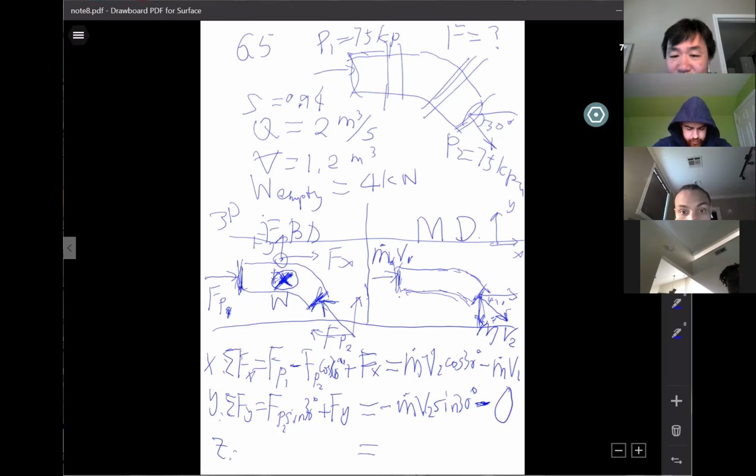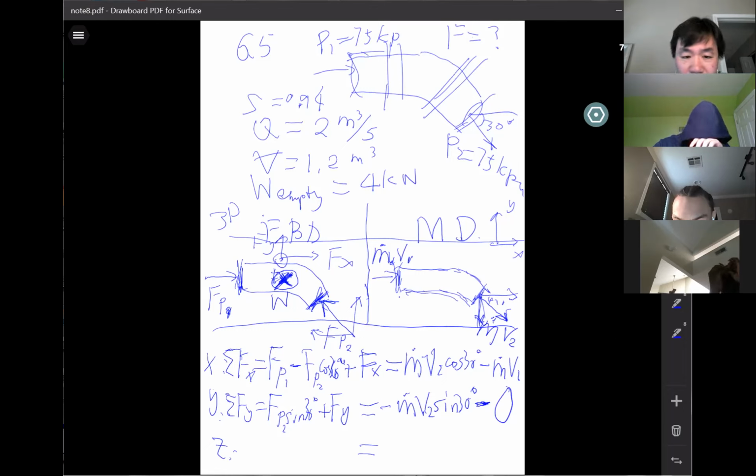But in the Y direction, the out momentum is in the negative Y direction. That's why there's a negative sign in front of the out momentum in Y direction. So both terms could be negative. Be careful. If you put the sign wrong, it's totally wrong. Stick with the principles.